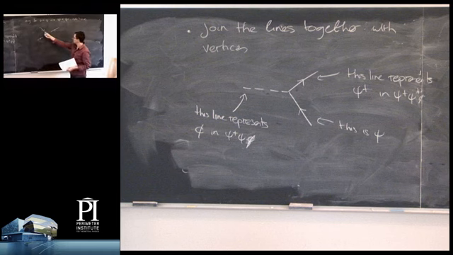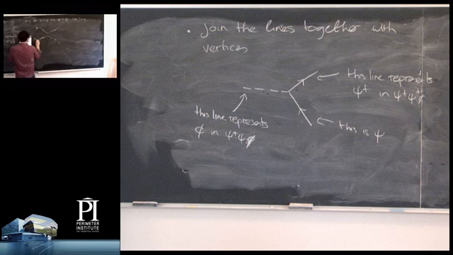So this is 2 incoming psi particles, this is the 2 outgoing psi particles. Somehow I've got to join all this together. So this is one way I can join it together.